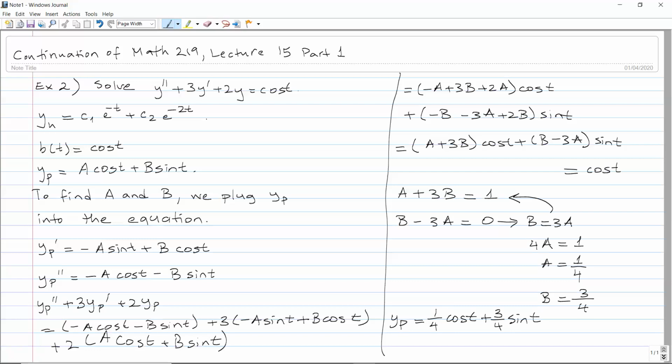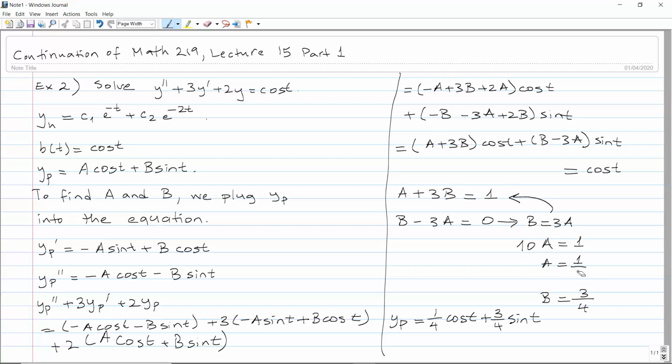Let me check my own solution to see if I did this right. Oh, I'm sorry. Yes, b is 3a. When I substitute it into the first equation, I don't get 4a, I get 10a equal to 1.